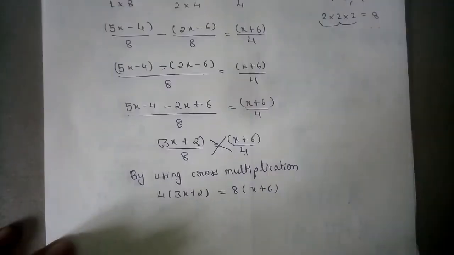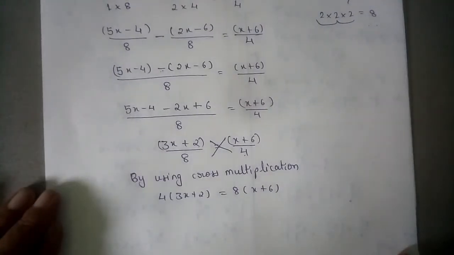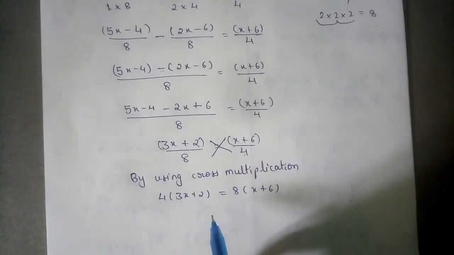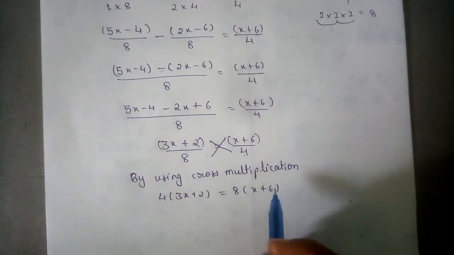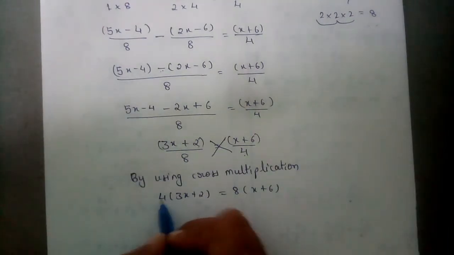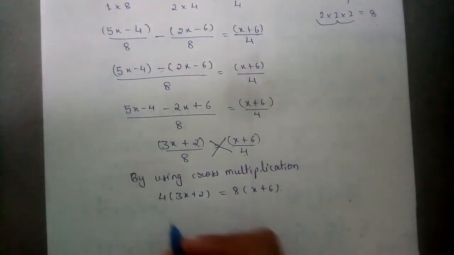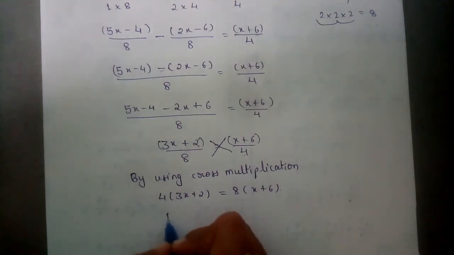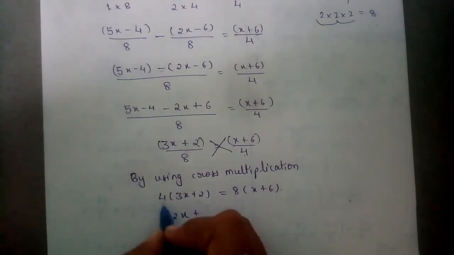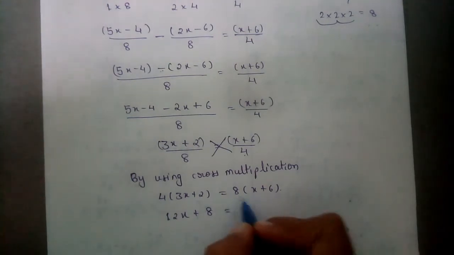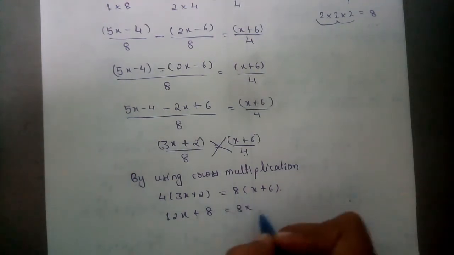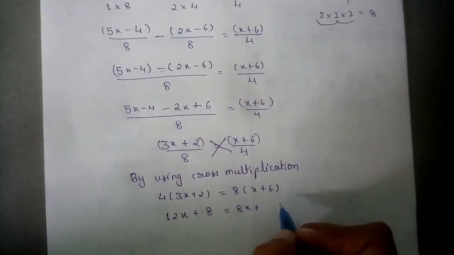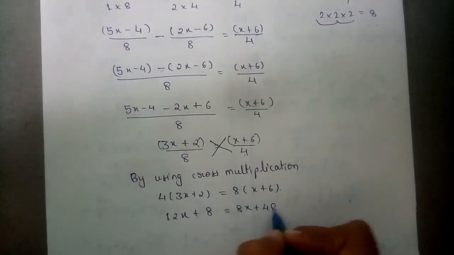Here we have to take out the value of x. So here we applied the cross multiplication. Now multiply this 4 with the whole bracket and 8 with this whole bracket. So 4 into 3x equals 12x, then plus 4 into 2 is 8, which is equal to 8 into x is 8x, plus 8 into 6, that is 48.